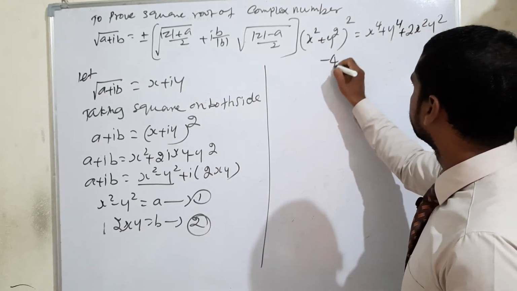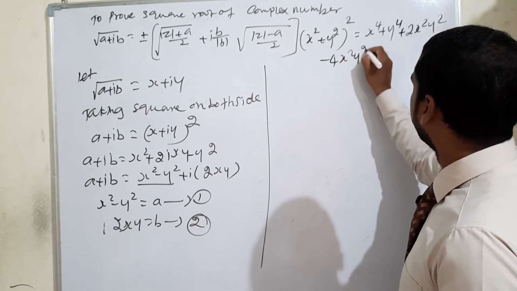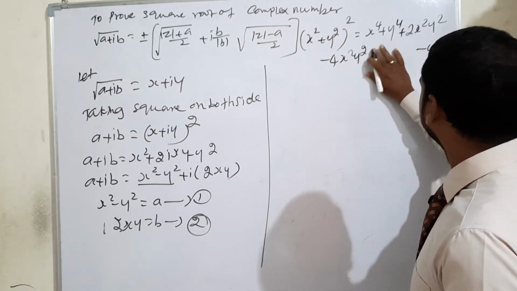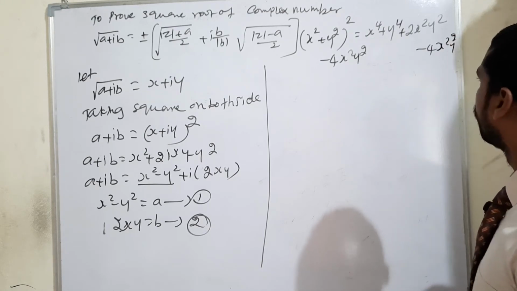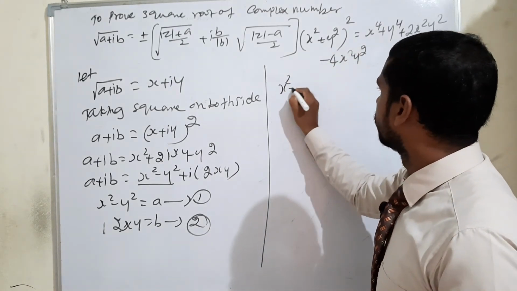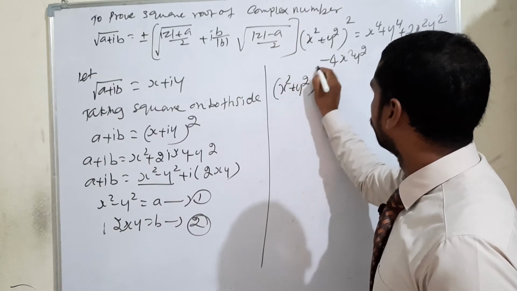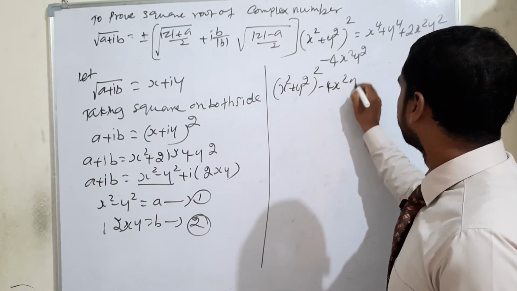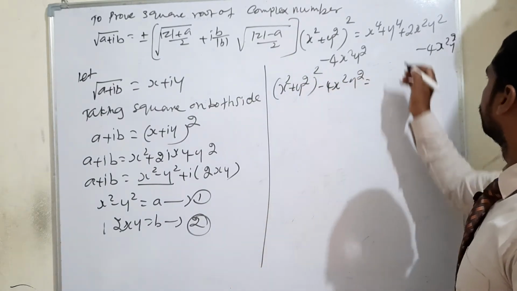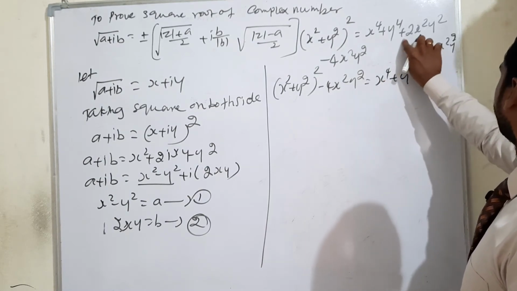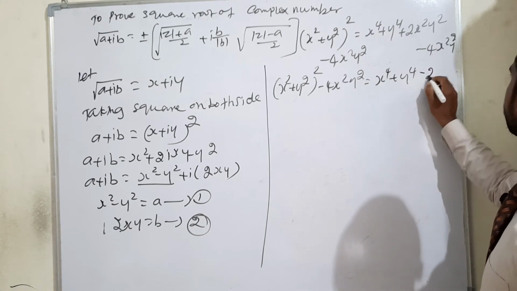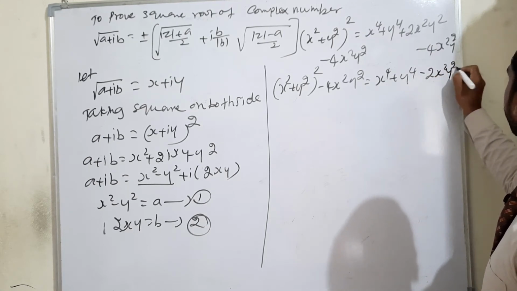Considering negative 4x square y square on both sides, what will happen? x square plus y square the whole square minus 4x square y square is equal to x power 4 plus y power 4, and if you subtract, minus 2x square y square will come, isn't it?